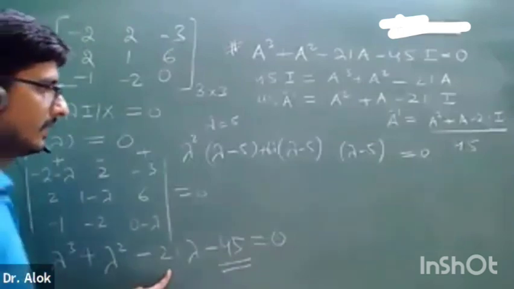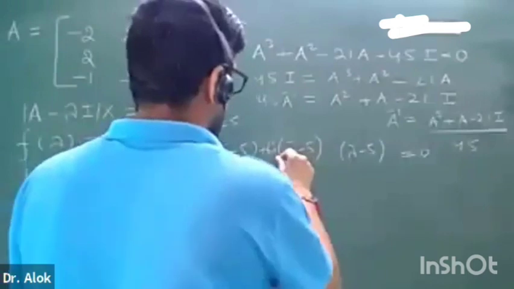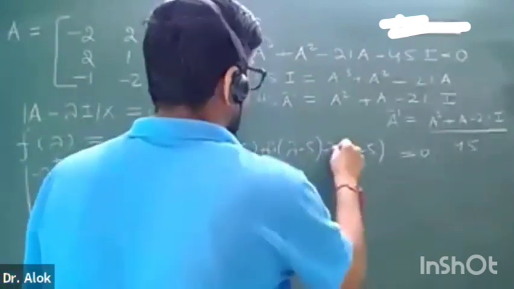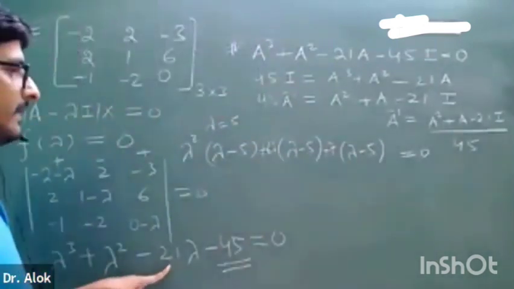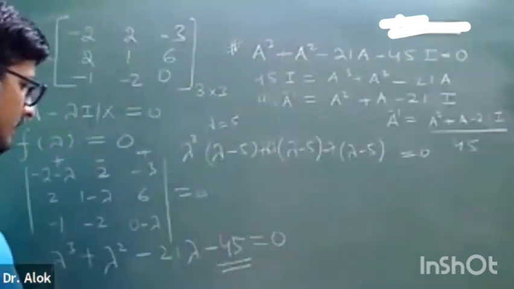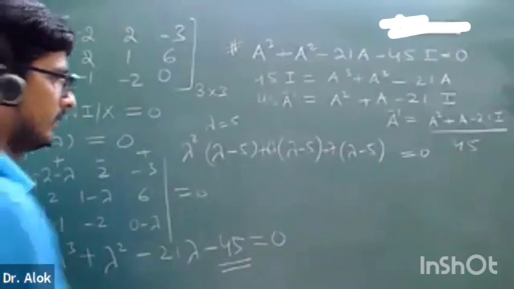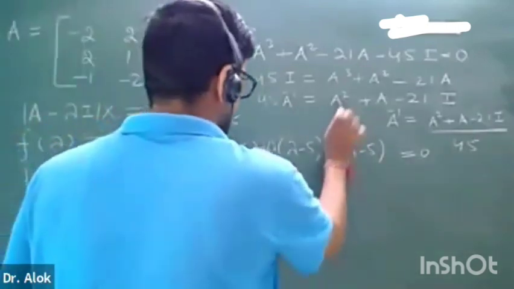minus 21. So I have to subtract plus 7 so that it becomes minus 21, and the last one automatically minus 7. Just do it.